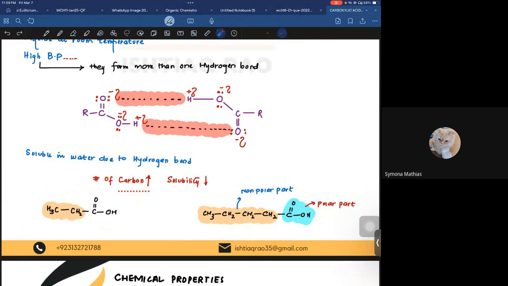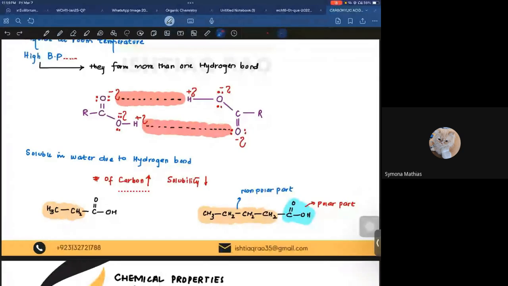Okay. And also, as the number of carbon increases, the melting and boiling point increases. Why? क्योंकि when we were discussing the intermolecular forces, there are multiple factors on which the IMF depends. At that time, I told you the first condition is the number of electrons and the second one is the surface area.